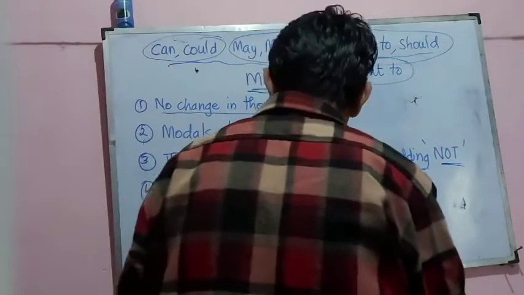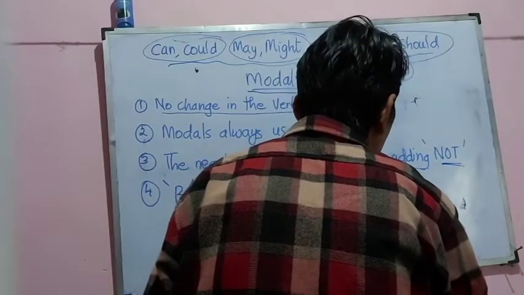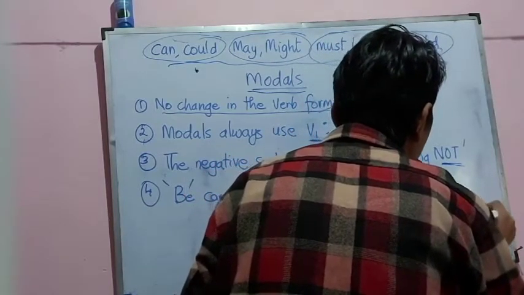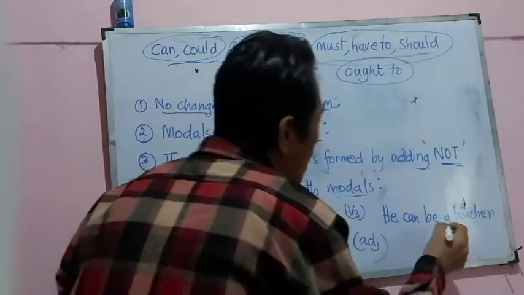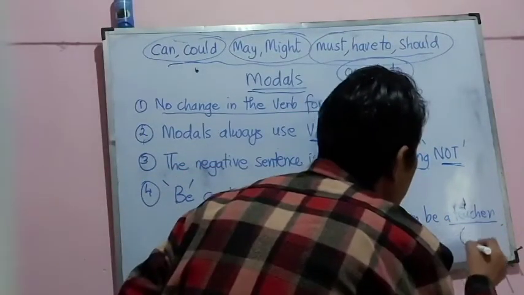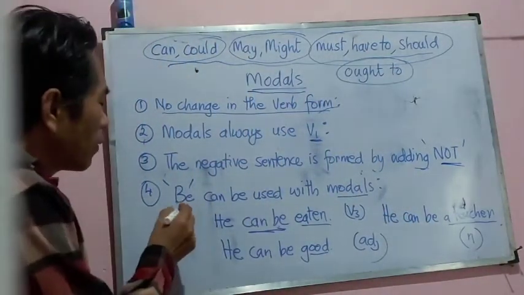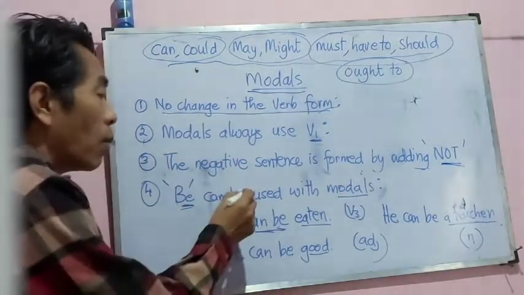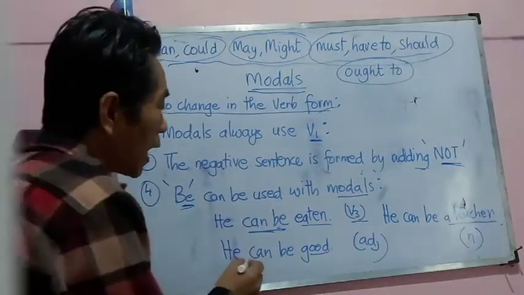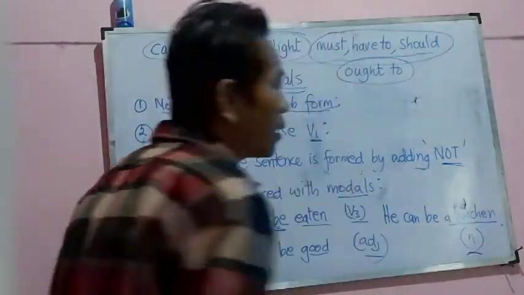Or we can use he can be a teacher. So after can be, what do we have? Teacher. What is teacher? This is noun. So whenever we use be with the models, it may be verb 3, it may be adjective, or it may be noun.